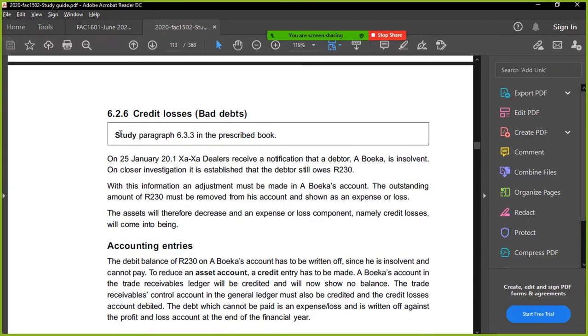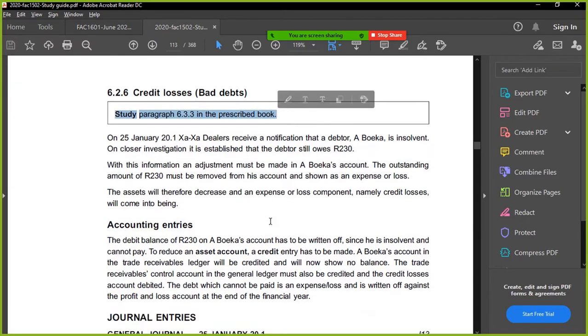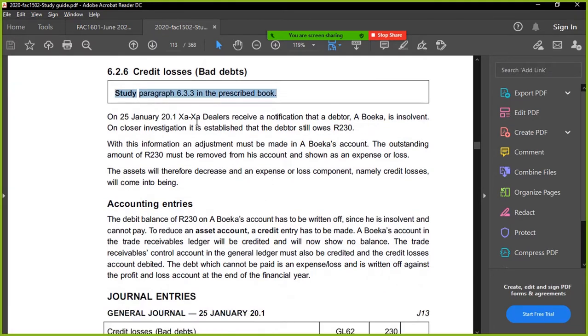Here they said refer to that paragraph in the book. Credit losses is a write-off of bad debt as and when it occurs. So when a debtor is insolvent, you write them off. That write-off will occur when you realize they can't pay. It's not a year-end adjustment. It's just a normal adjustment. It's something that you would provide for as and when it takes place.